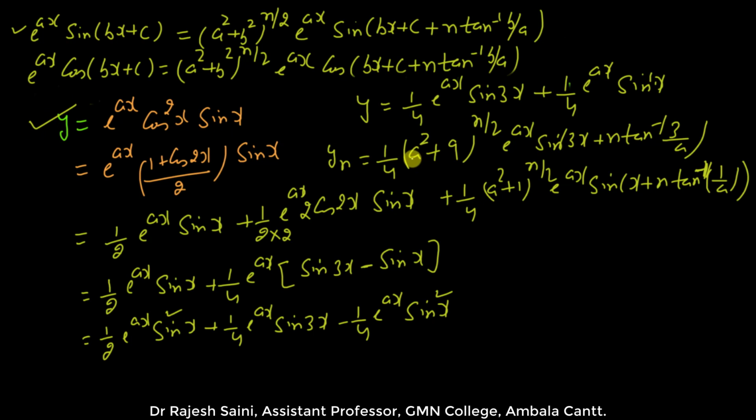So in this lecture we have studied how to find nth order derivatives of terms of the form e raised to power ax sin(bx plus c) or e raised to power ax cos(bx plus c).